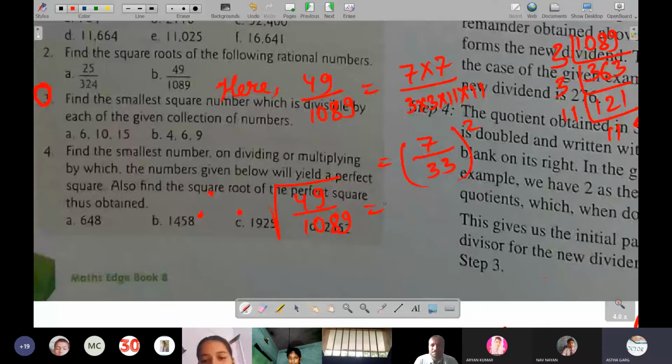Sir, one thing I have to ask. In question number 4, A, 648 is there. When I prime factorized that, it was 2 2 2 3 3 3 3, means 2 pairs of 3 and 1 pair of 2 and a single 2.